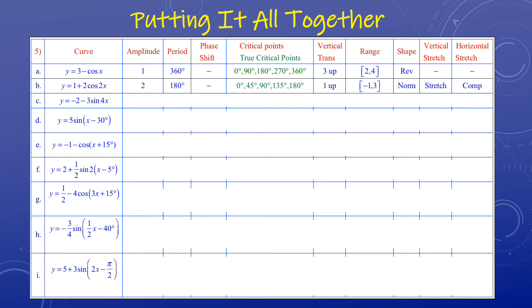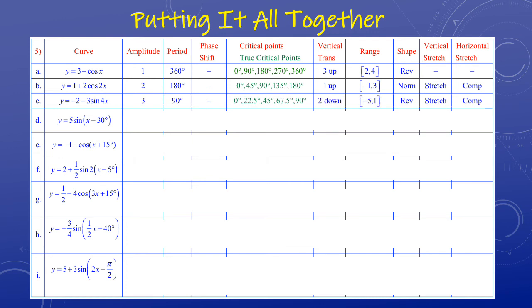Our curve has been translated one unit up, and therefore our range is from -1 to 3. The shape is normal. Because we have an amplitude of 2, the curve has been stretched vertically, and because the period is less than 360 degrees, the curve is compressed horizontally.